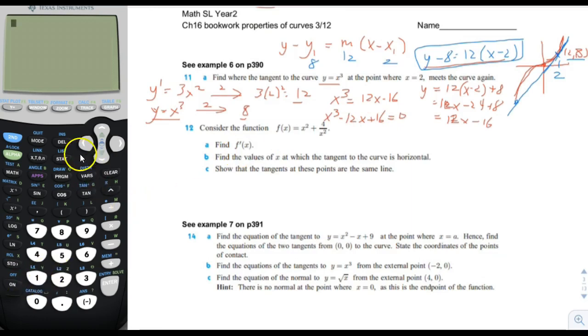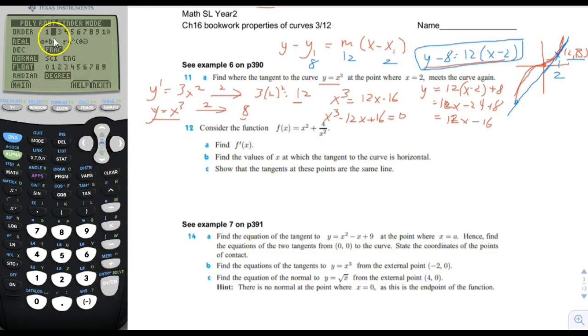So let's solve this using polysmlt. We'll go into apps, and then into polysmlt, and then we'll press any key, and then go into polyroot finder, and we are in a third order equation because it's a cubic. And then we go next.